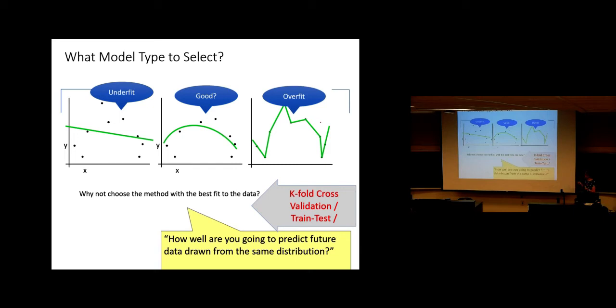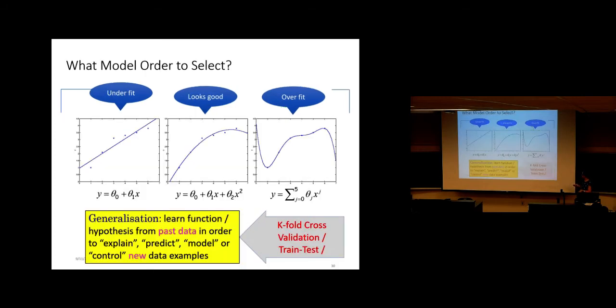So the approach for model selection to avoid underfitting and overfitting is, in general, the easiest one, k-fold cross-validation, and also a very easy case, the train test split, which we're going to explain.